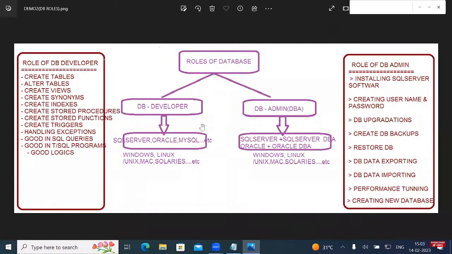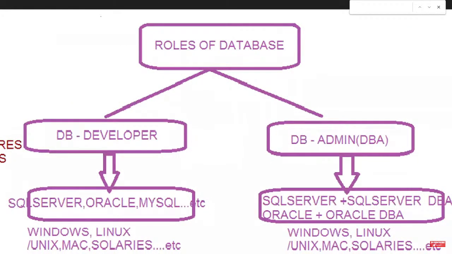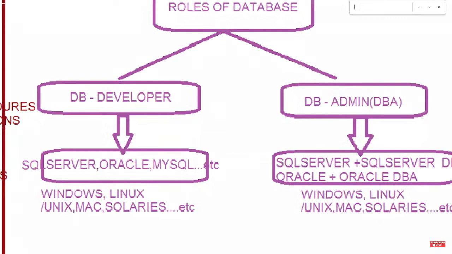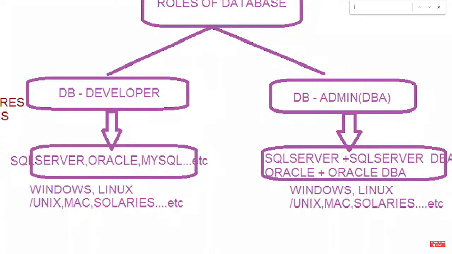Observe here. About the role of databases, most vacancies are very often hiring developers and administrators. Database developers, database admins, these are the common jobs you can see on websites or in any notifications.